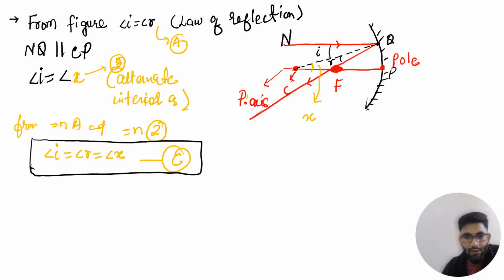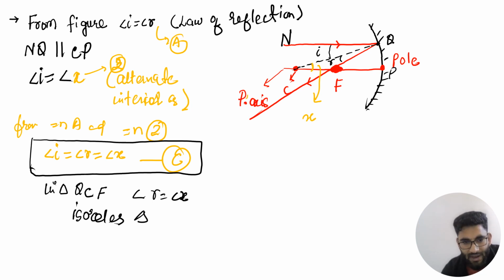Now from the figure, in triangle QCF, angle R equals angle X. So two angles are equal, right? When two angles are equal in any triangle, we call this triangle an isosceles triangle.